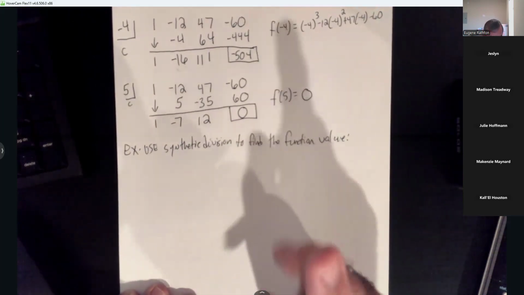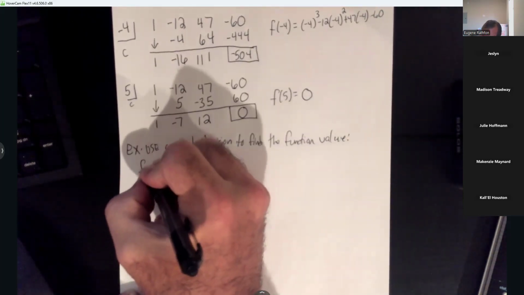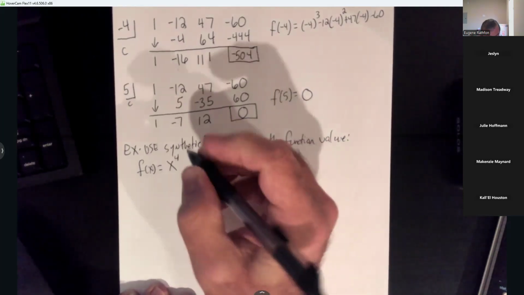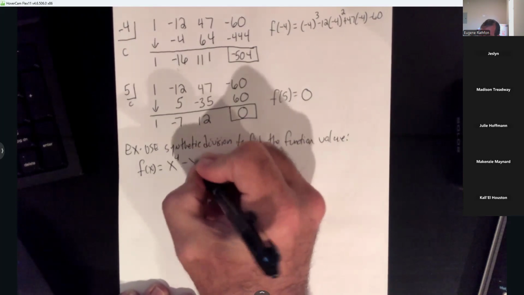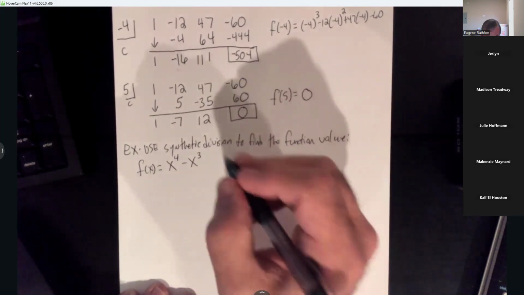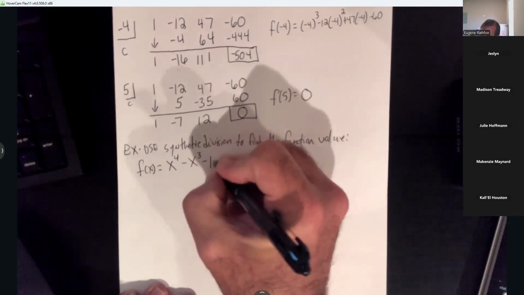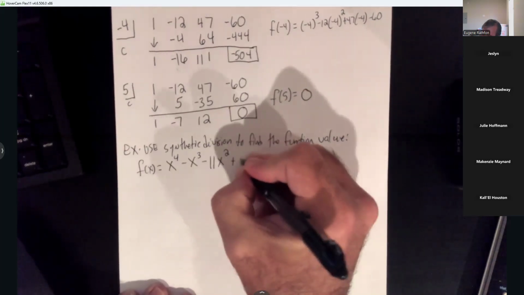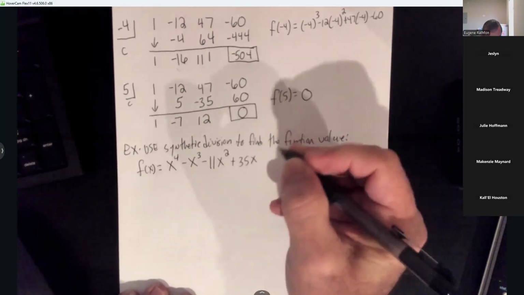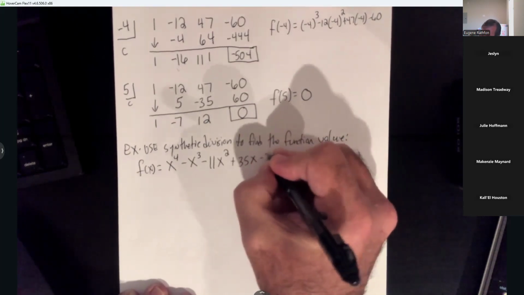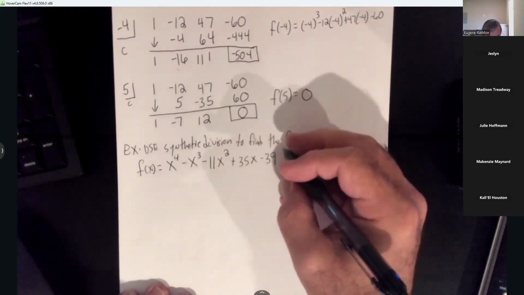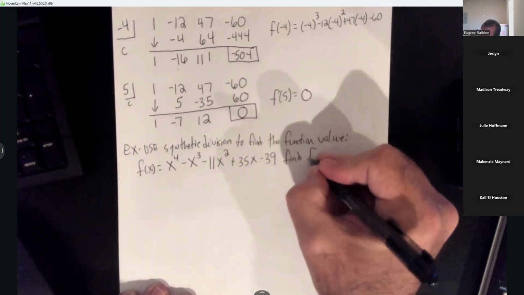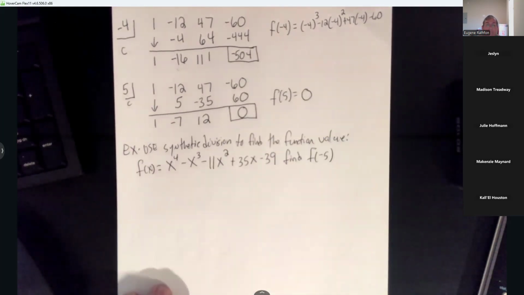All right, y'all, they're giving you f of x equals x to the fourth minus x cubed minus 11x squared plus 35x minus 39. They want us to find f of negative 5.